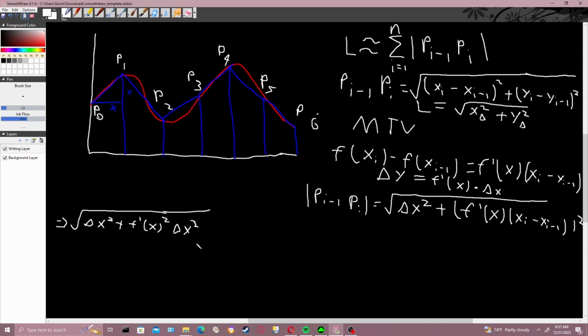So we now know that our length function is equal to this very specific value.